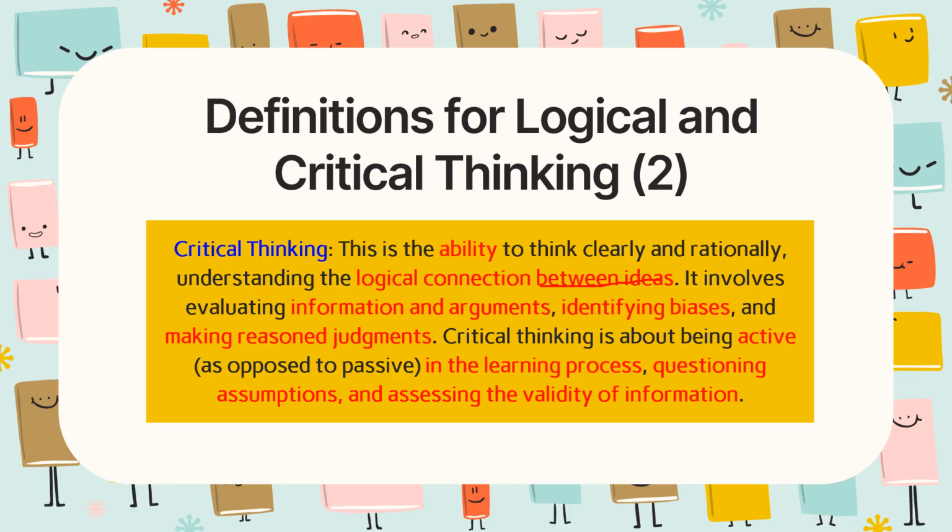Edison had a lot of ideas like electricity, okay? So remember, it's a logical connection, okay, between ideas. So it involves evaluating the information, arguments, identifying biases, and making reasonable judgments.